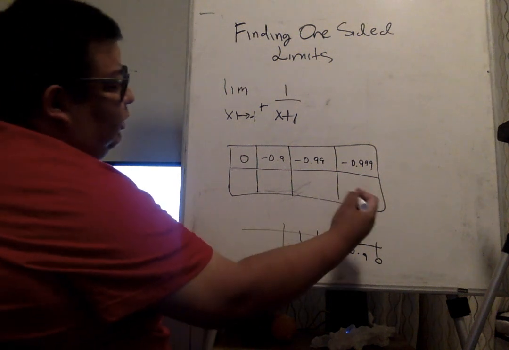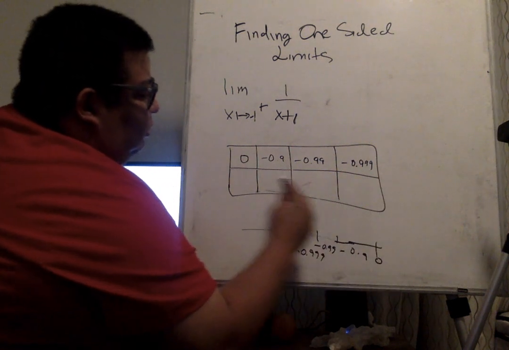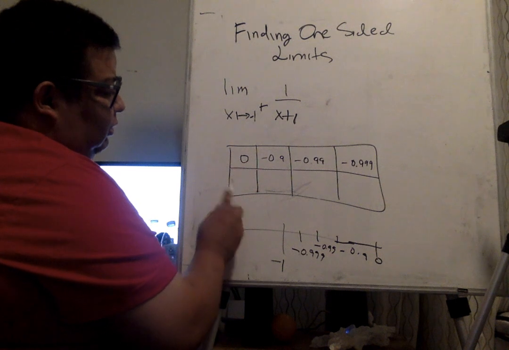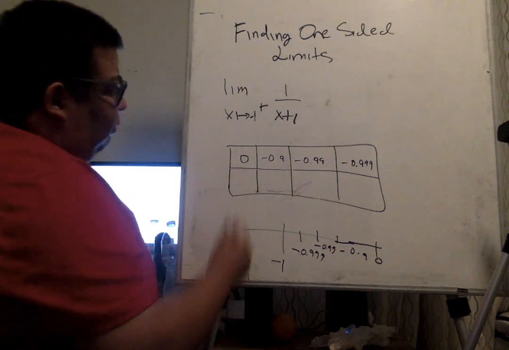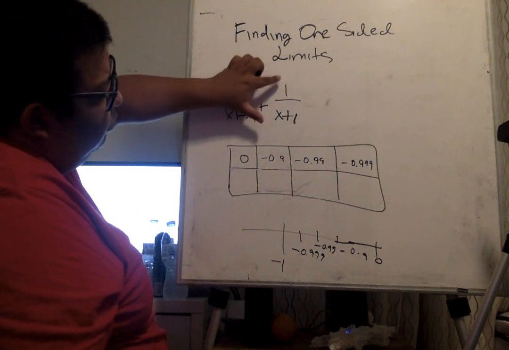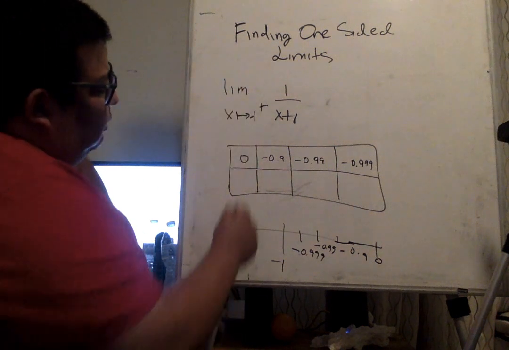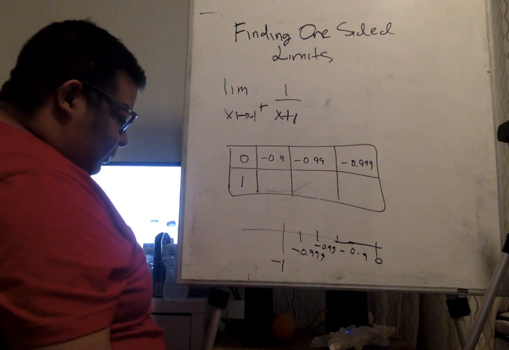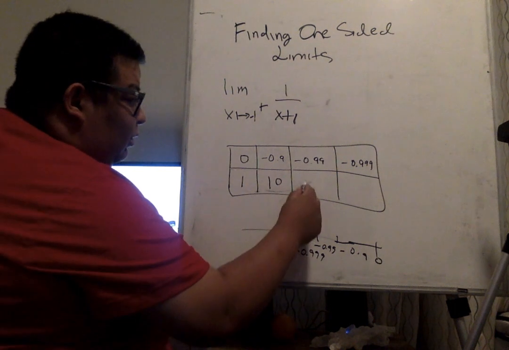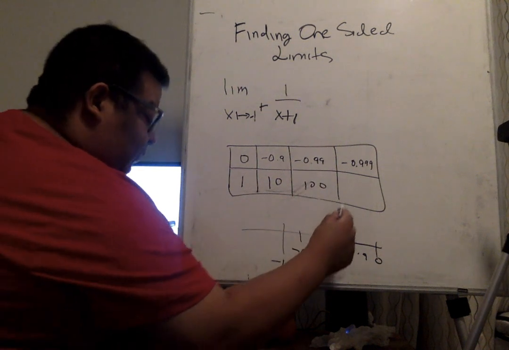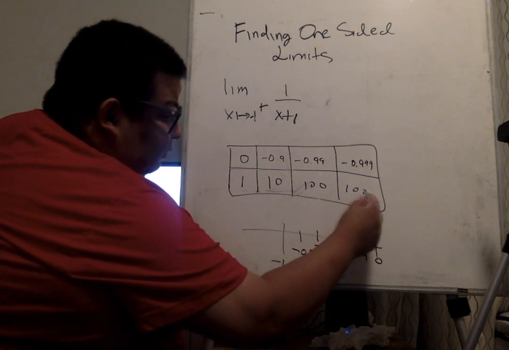Remember, we're approaching -1, so we start with the bigger value, 0. If we plug 0 into the function, we get 1 over 0 plus 1, that's just 1. Then if you compute this with a calculator or by hand, you're going to get 10, 100, and then 1,000.